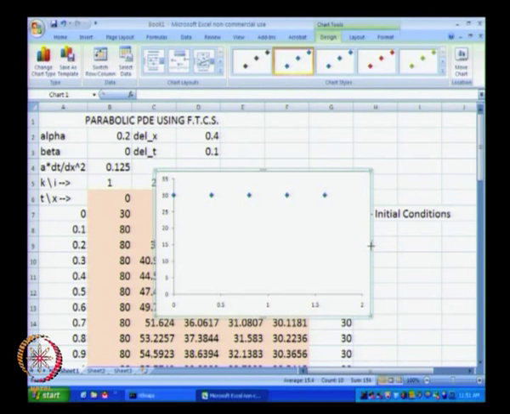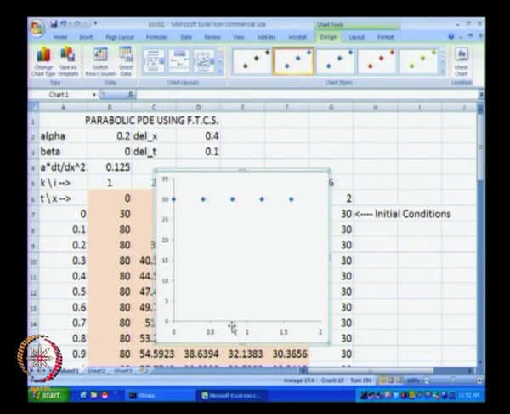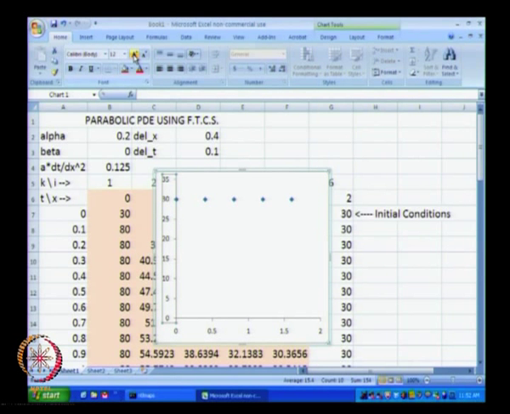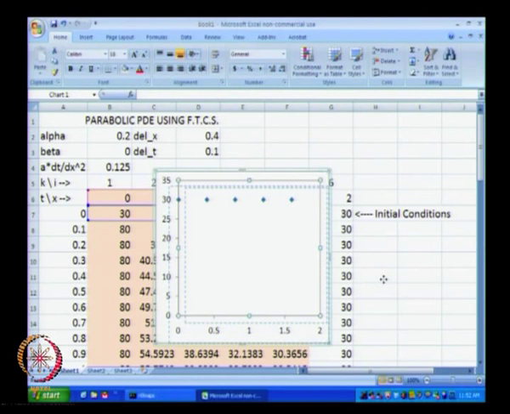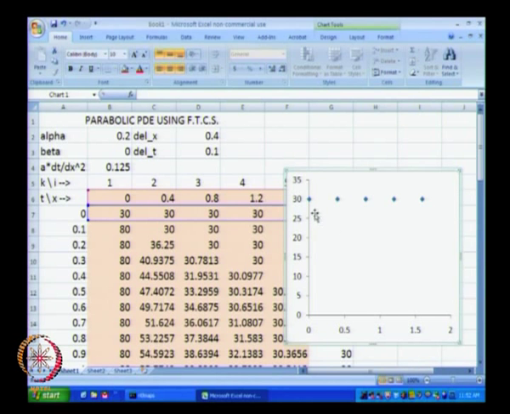So this is going to be our plot for our temperature, changing with the location, and I will just go here and increase the font size so that things are fairly visible. Okay, so this is the temperature at the initial point.